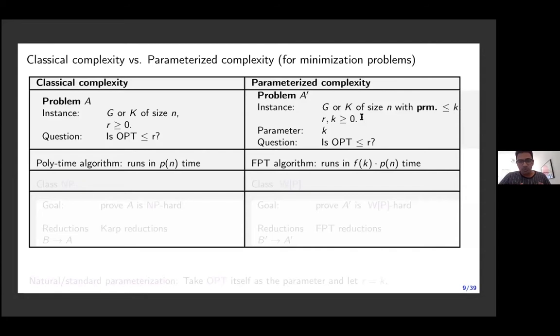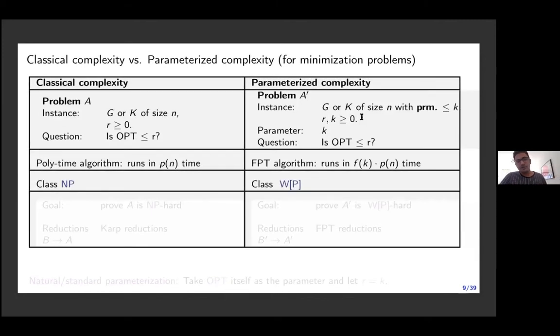But what you require is that the dependence on the input size has to be polynomial. The parameter can be, for instance, the degree or the tree width of a graph. You want to bound that, and as long as that is bounded, your algorithm is kind of efficient.